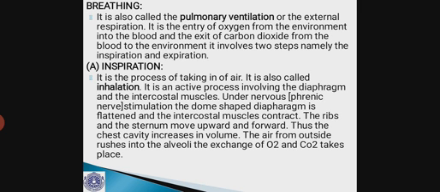And under nervous stimulation, that is the phrenic nerve, which is the major nerve involved in controlling the respiration process, the dome-shaped diaphragm becomes flattened. The question arises here, why does it become flattened?